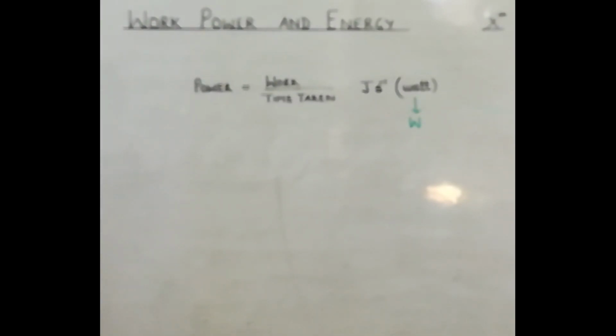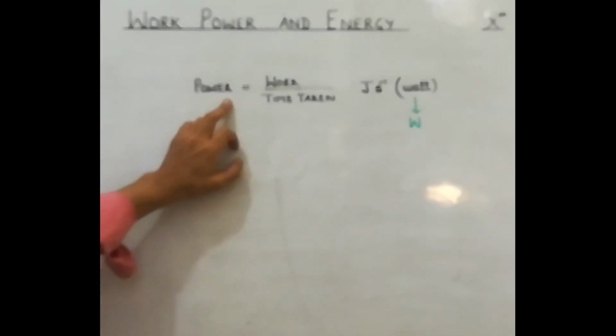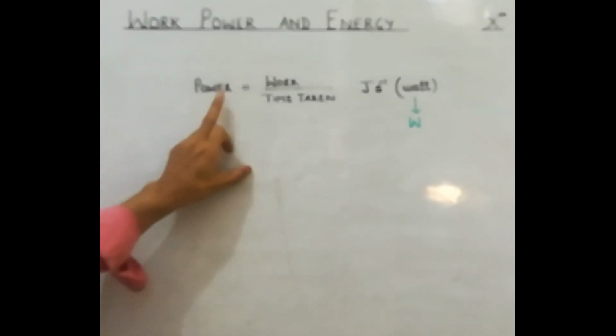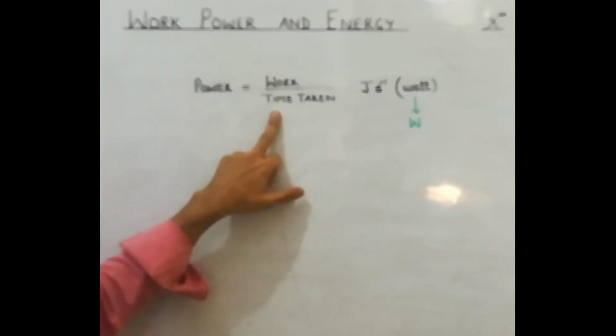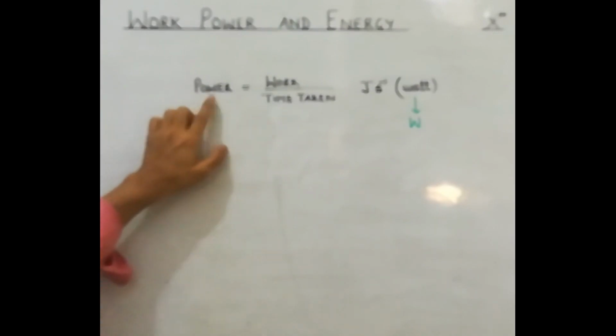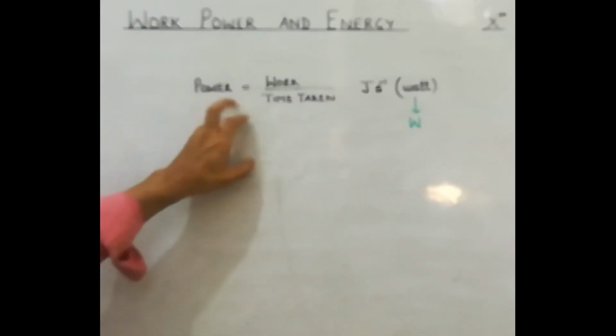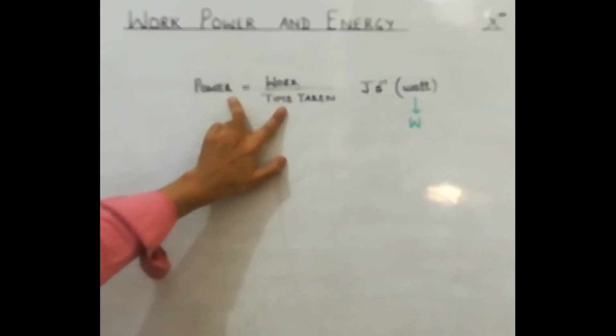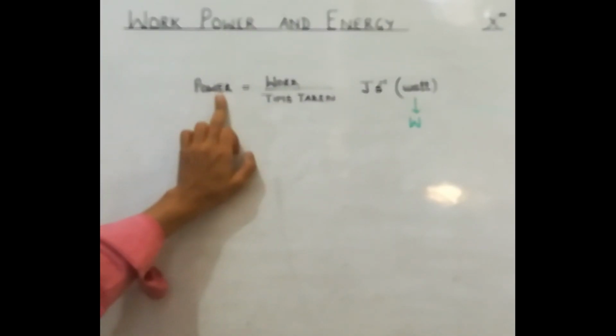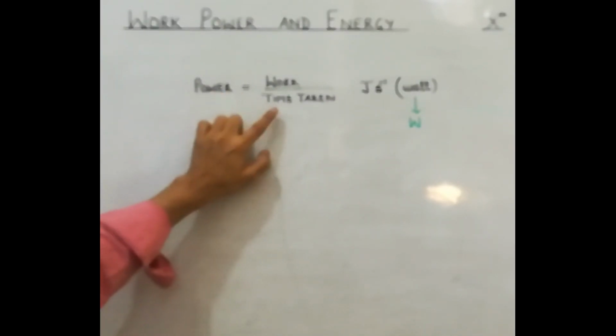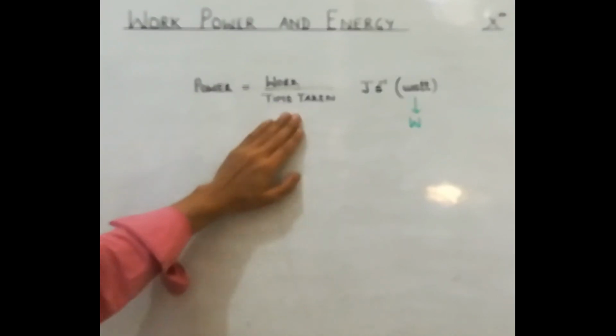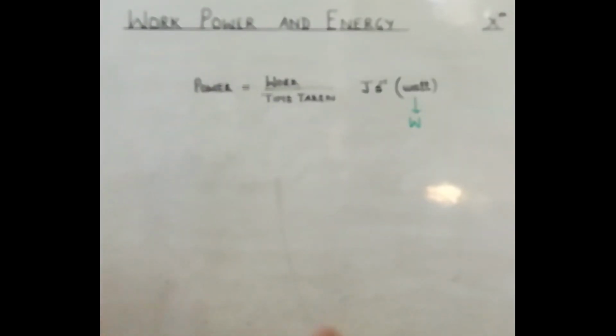Now from here, what we notice is that power depends upon the work done, and it also depends upon the time taken. But see how it depends upon the time taken. Time is in the denominator, so the power developed depends upon the time. And how does it depend upon the time? The more the time taken, the less will be the power.